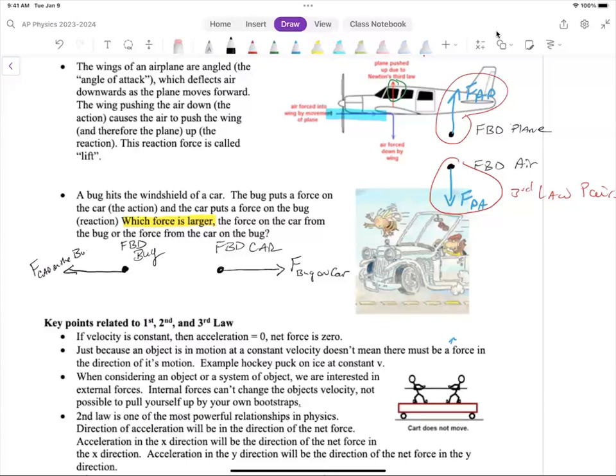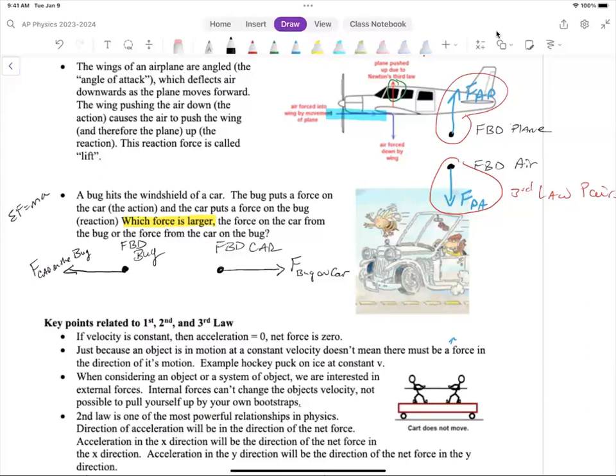There is a difference between the bug and the car. They have different masses. So sum of the forces equals ma. If the forces are the same, but the masses are different, then the acceleration will be different.